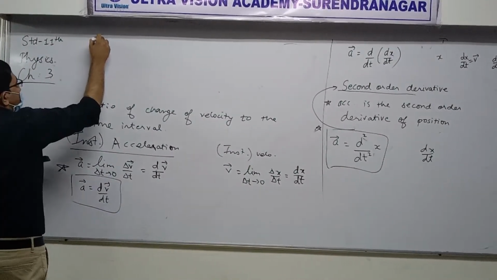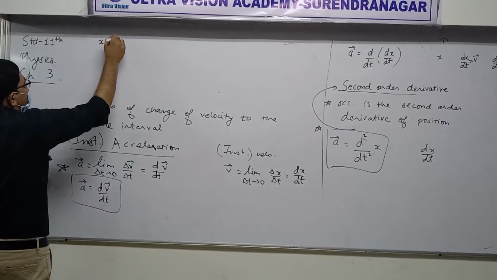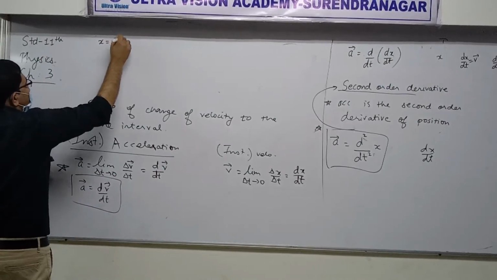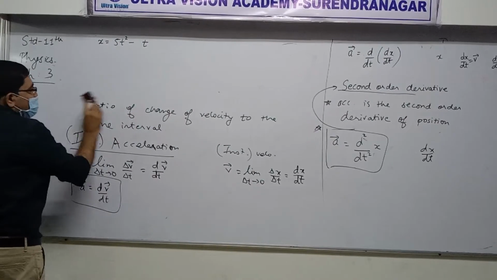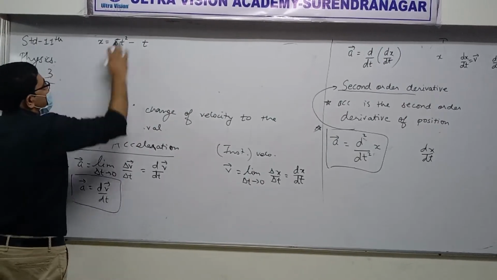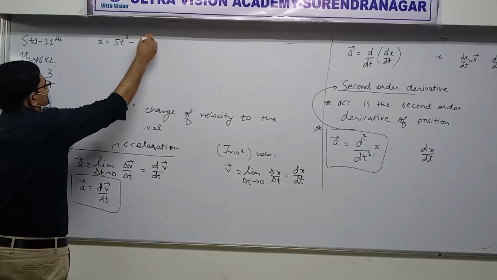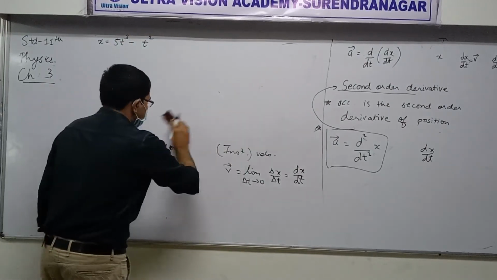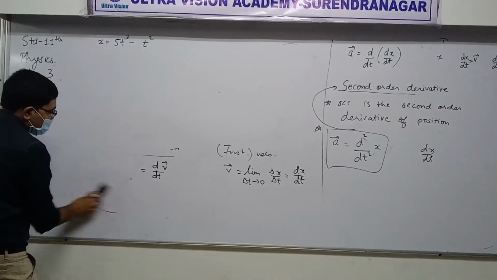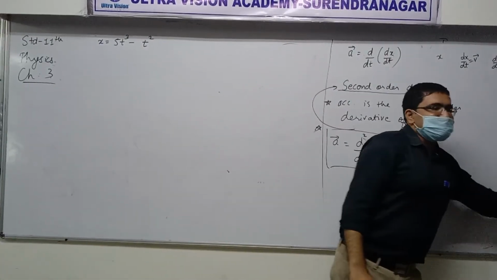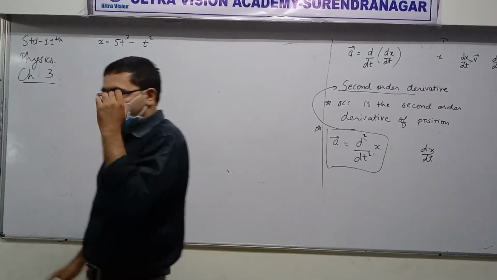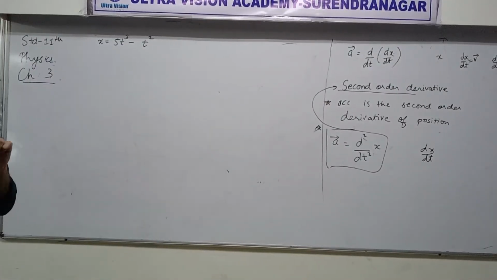Suppose I tell you that the position of some object is 5t cube minus t square, just like the example we solved. The x value is given. Now based on that, what do we have to find?